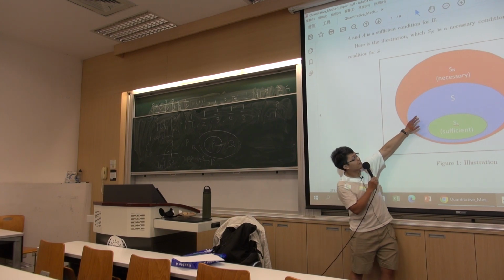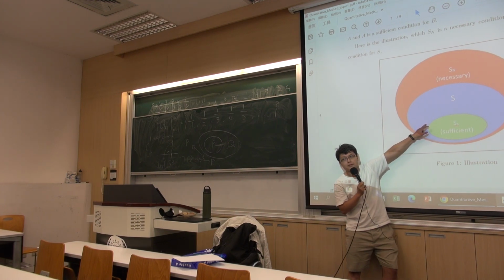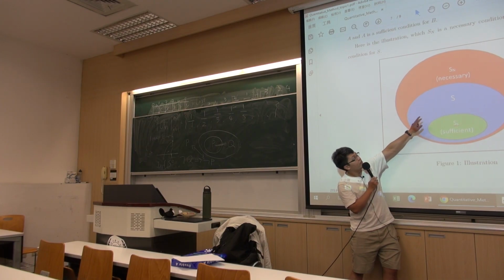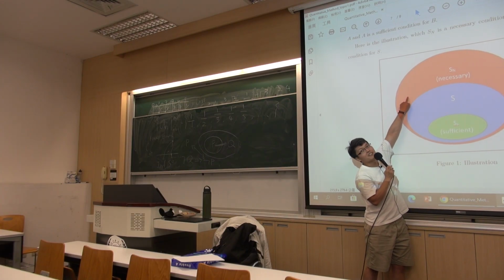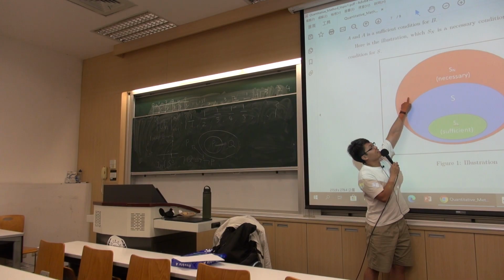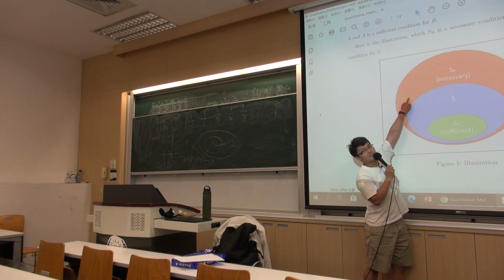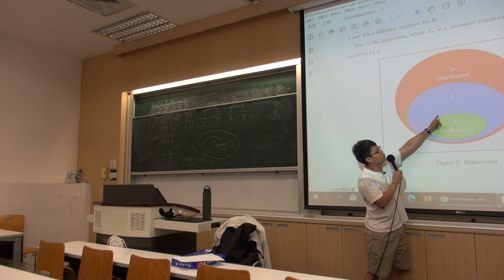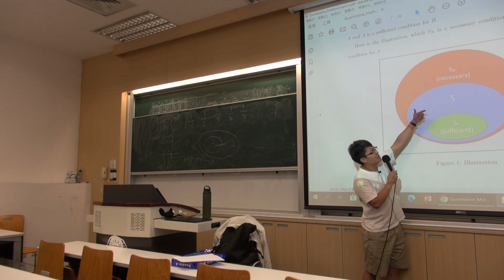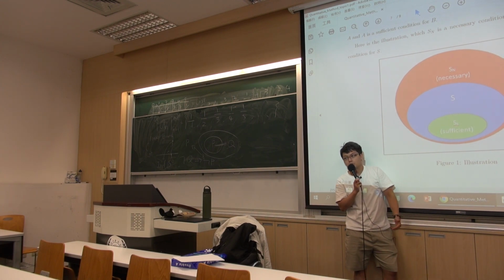In this case, we will say that S_n is a necessary condition for S. However, if S_n is true, let's say it happens here, you can imagine there's a point here. If you find a point here, you will say that S_n is true. But does that mean S is true? No. So S_n is a necessary condition for S, meaning that if S is true, then S_n must be true, but the reverse may not be true.